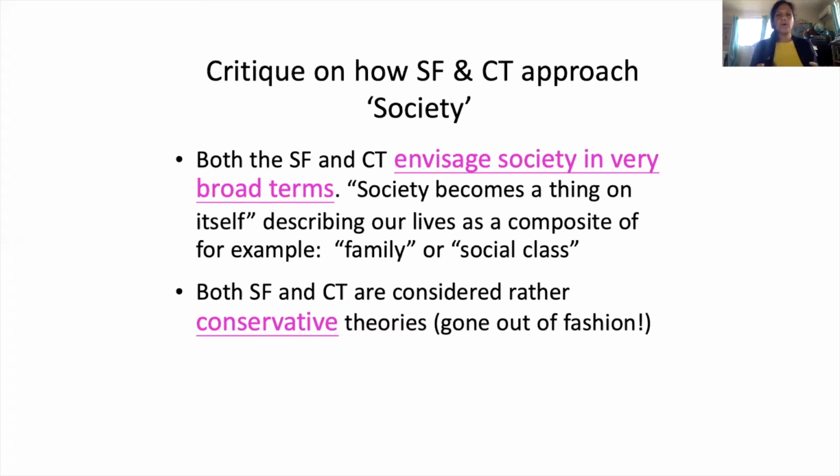Both macro theories we talked about envision society in very big container terms. Society becomes a thing in itself, and describing our lives as a composite of, for example, the family or social class makes the study of human behavior or the experience of the individual too abstract.